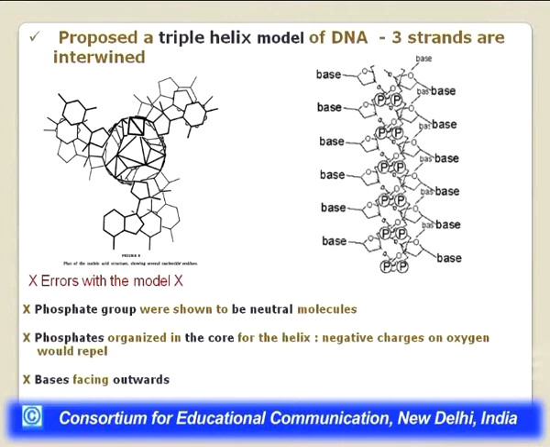The diameter shown was very consistent, so that it appears as a rod. If you have different bases facing outwards, then it is not possible, because somewhere A will be outside, somewhere G will be, and one is a double-ringed structure, one is a single-ringed structure. So, it was not actually very feasible, it did not look very promising.